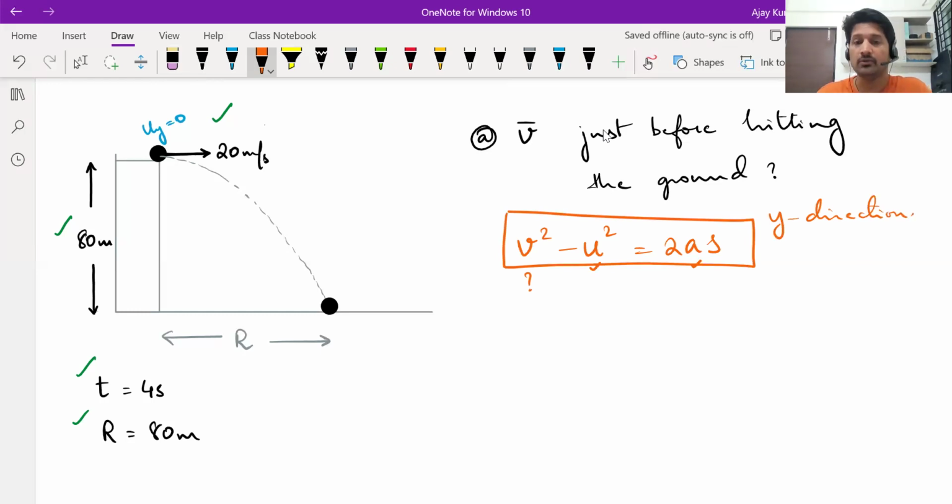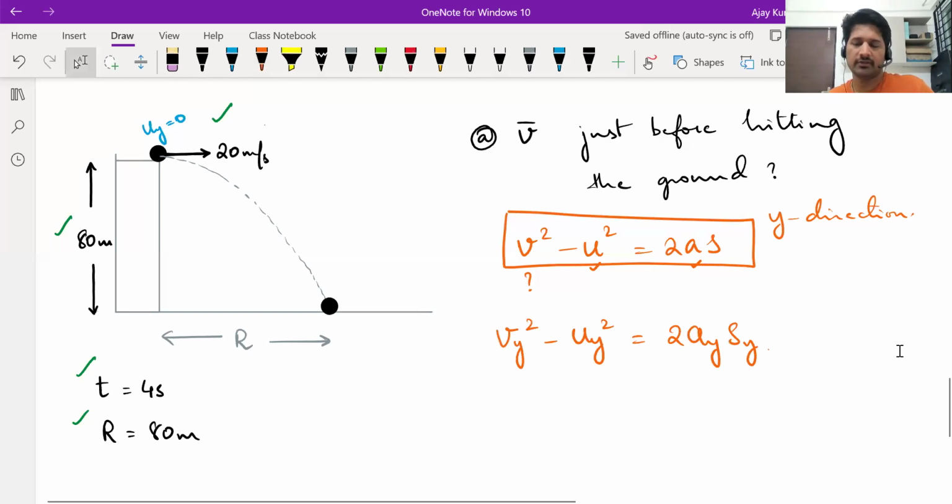Using that, what will you get? You will get final velocity's y component. And then add x component to it, you get the total velocity. Okay, good. So let us use this. There's another way also, we'll discuss that. So what we are going to do is vy square minus uy square is 2 times acceleration in y direction times displacement in y direction.